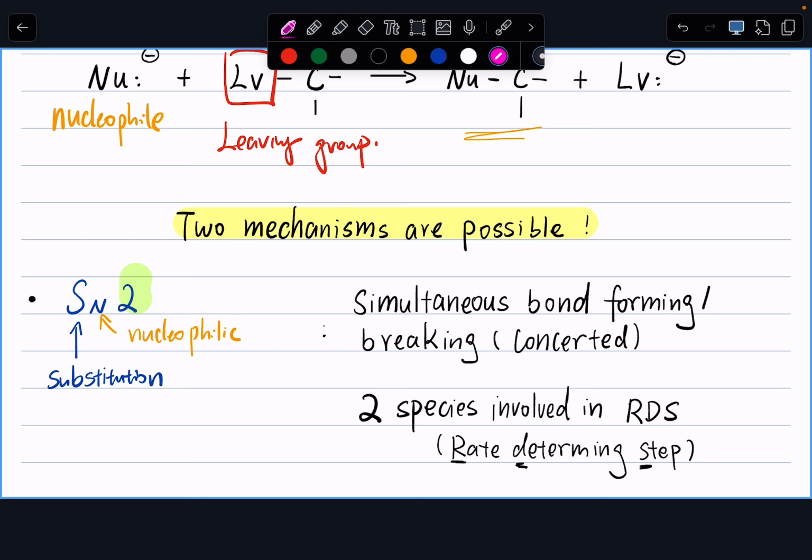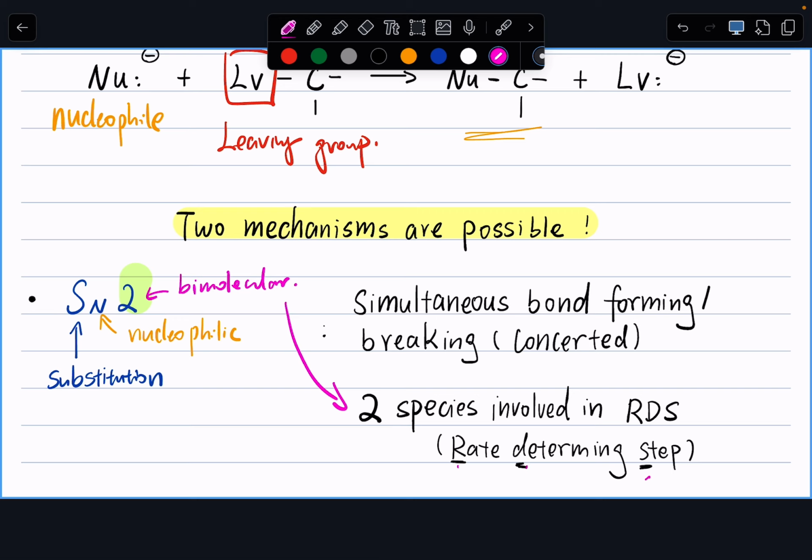This 2 here states bimolecular. Bimolecular means 2 species are involved in the rate determining step, or rate limiting transition state. So RDS, rate determining step. In this case, we only have 2 reagents, right?